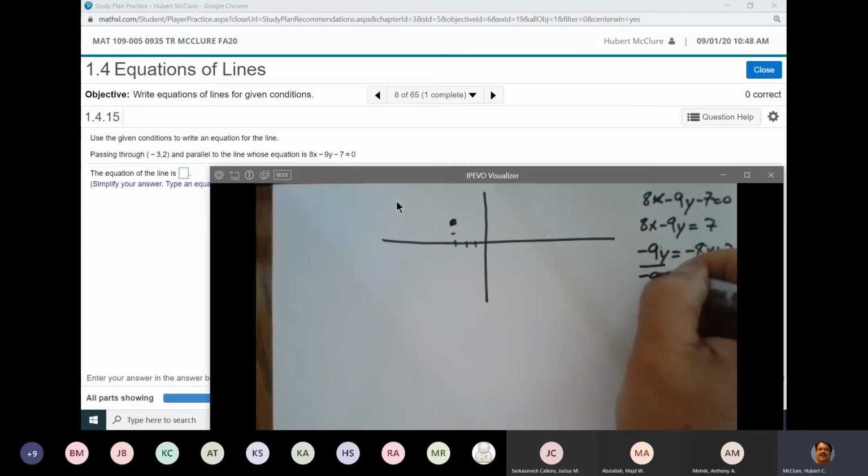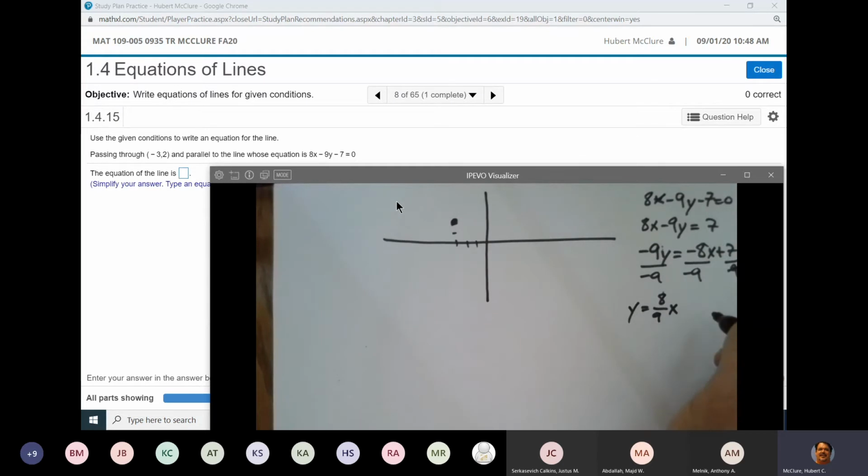And dividing by -9, y is equal to 8/9 x minus 7/9. Okay, that's not an easy one, but m sub 1 is equal to 8/9.